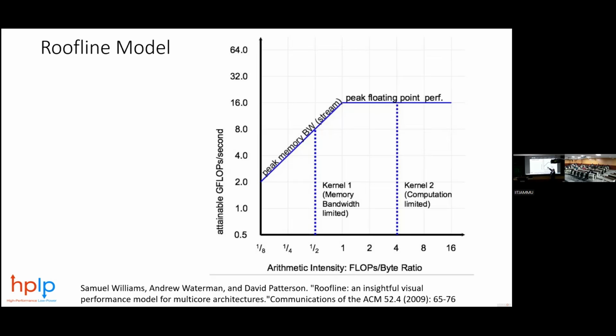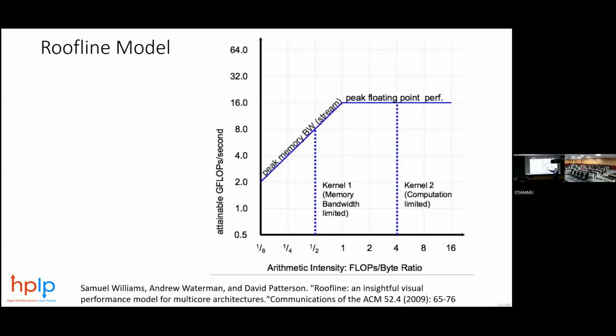So if I'm on this side, I am limited in my performance not by the processor, but by the bandwidth of the memory. That's why it looks this way, and it looks a little bit like the roofline of a house, so that's why it's called the roofline model.